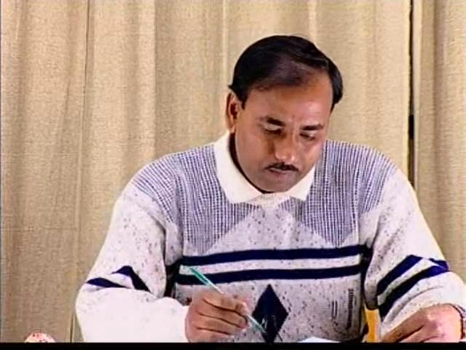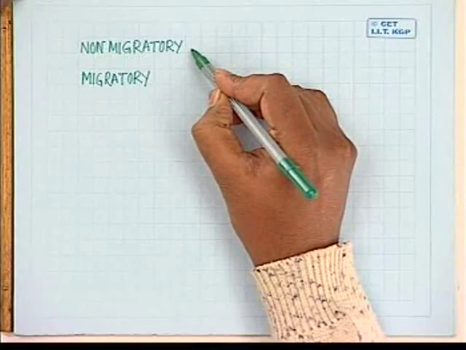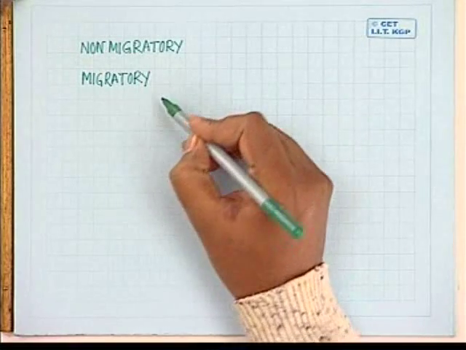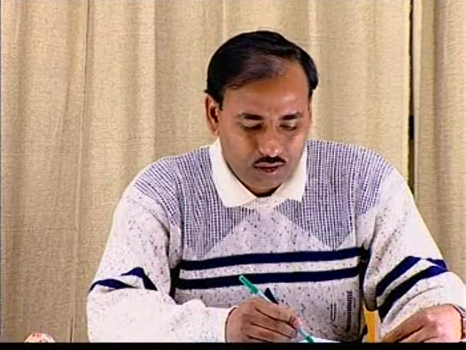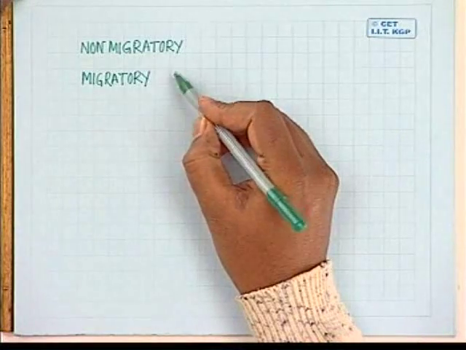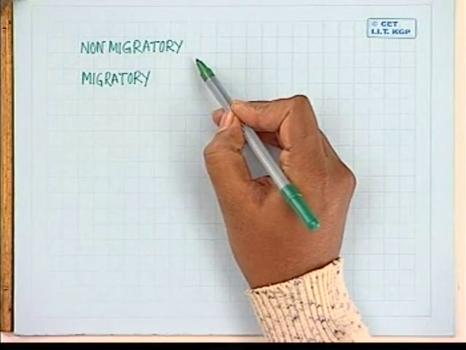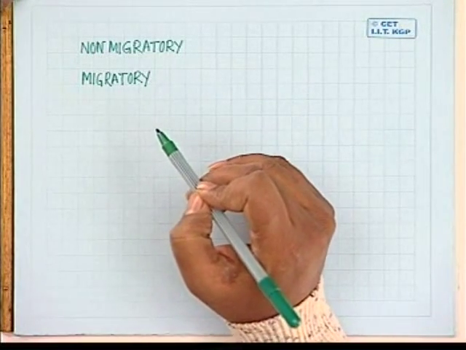So accordingly, we can have either a non-migratory type of processor scheduling, or a migratory type of processor scheduling.